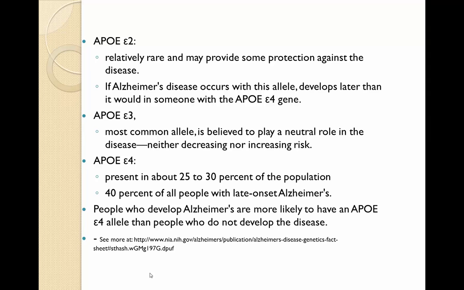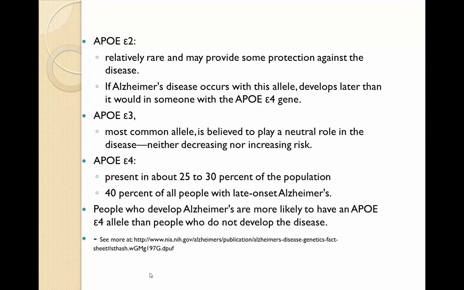So if your defect is in the APO2, if your Alzheimer's disease is going to occur with this allele, it will develop later than it would with someone who has the defect in APO4. They believe APO3 is the most common to play a role in the disease, but it isn't known whether it causes a decrease or increase in the risk of development if you have it.